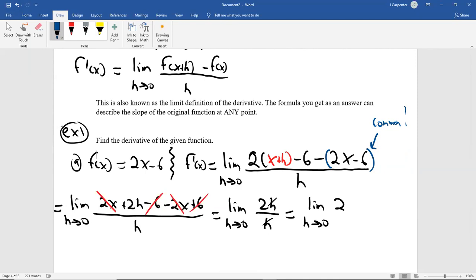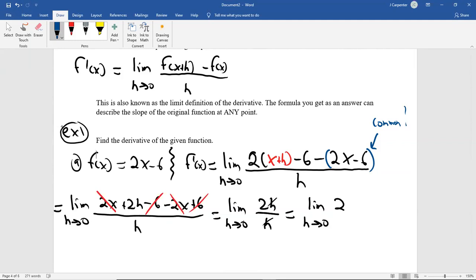You cannot have h's in the denominator. Otherwise, you're going to end up indeterminate. I can guarantee that. You are looking for this cancellation. Once you see this cancellation, that's when you know you can plug it in for polynomials. And usually for others as well, but there's exceptions to every rule.